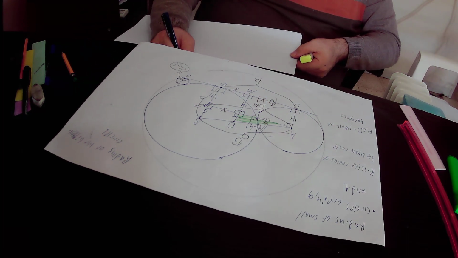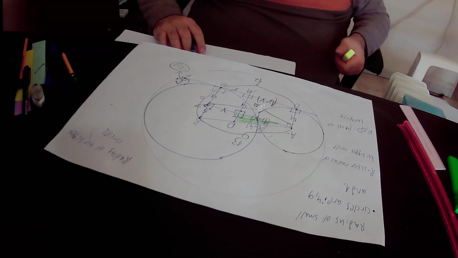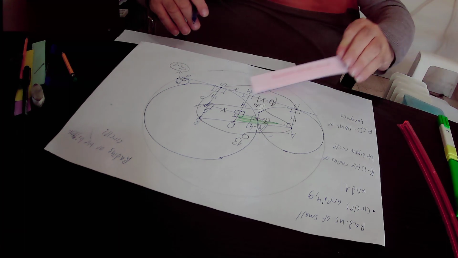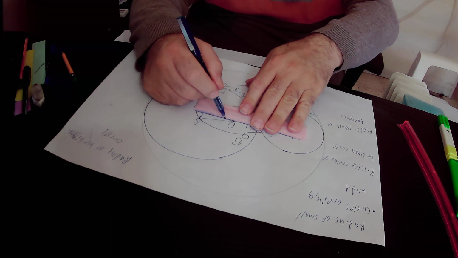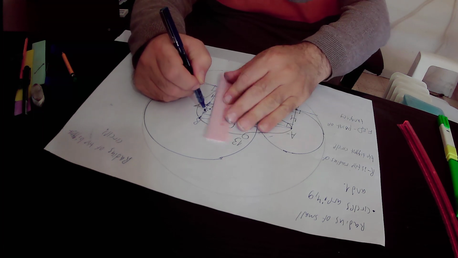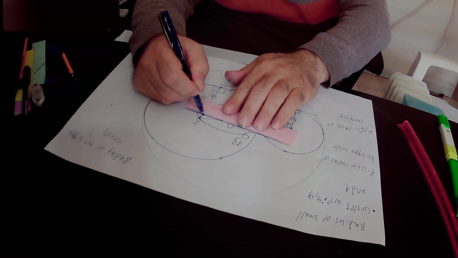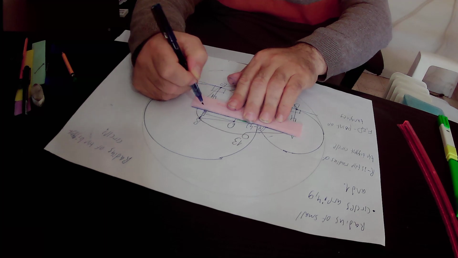So in the next step, we will draw a perpendicular from point O to BE. So this angle equals 90 degrees, and this angle will also be equal to 90 degrees.